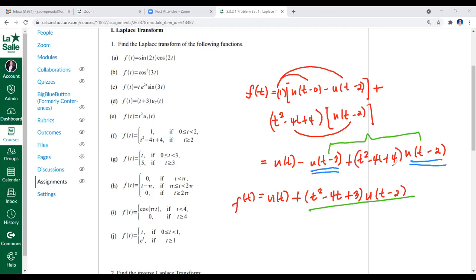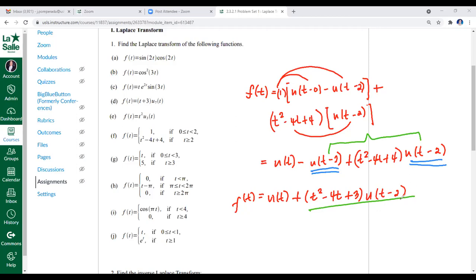Well, this one will use property number 7, the time translation of the function. Because you have here a u of the expression which is being multiplied to your f of t. Prior to taking the Laplace transform of this entire expression, all the t's here, this t and this t, will be shifted by adding to it the value of this particular constant 2 in here.